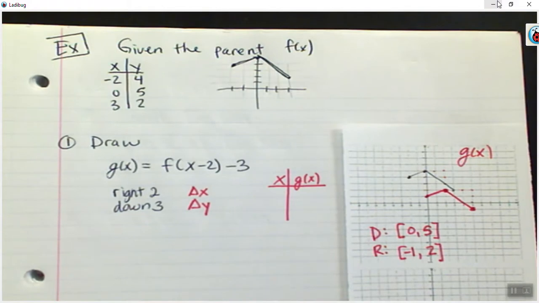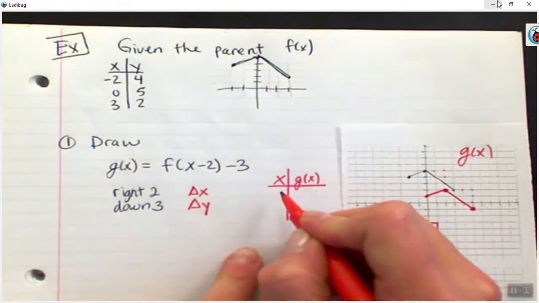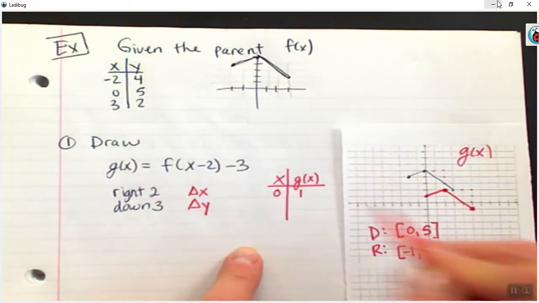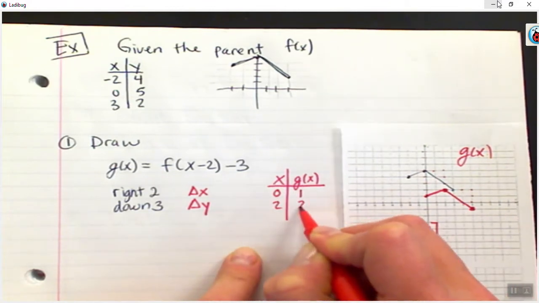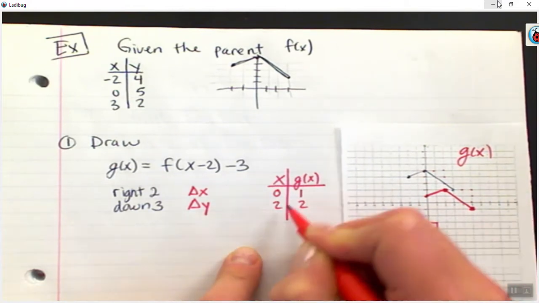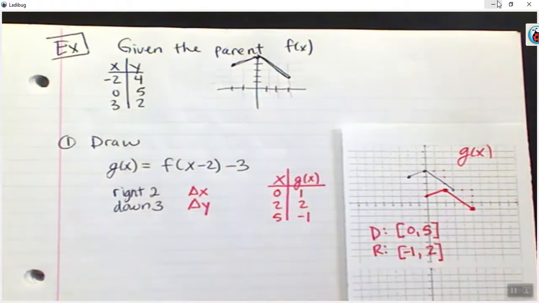Okay, write down the new points. 0, 1, 2, 2, 5, negative 1. This is not just a how-to class, right?